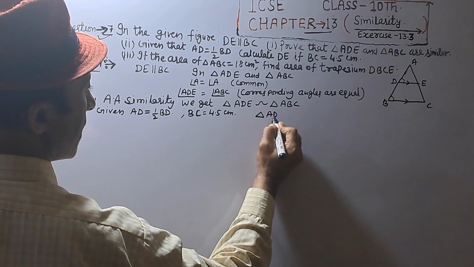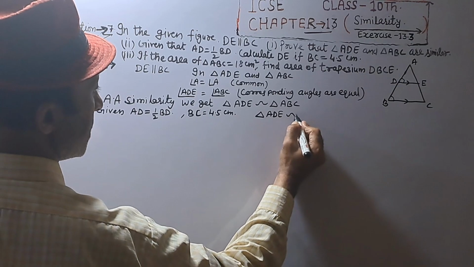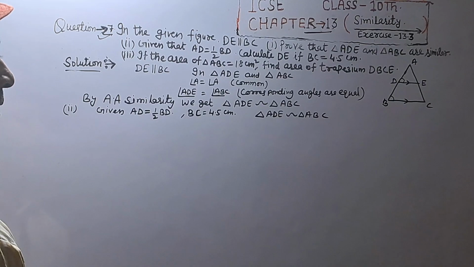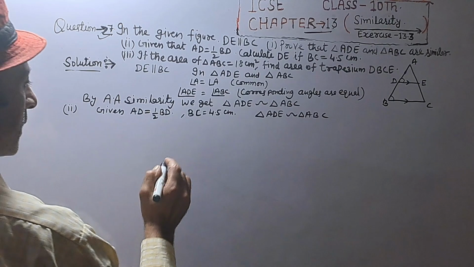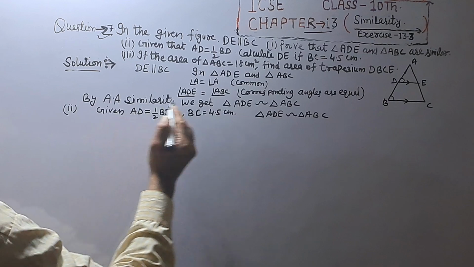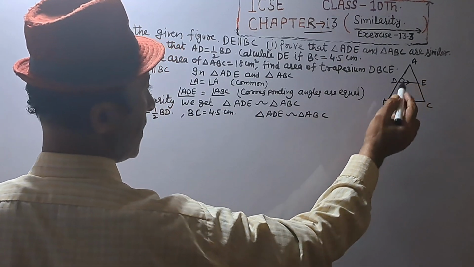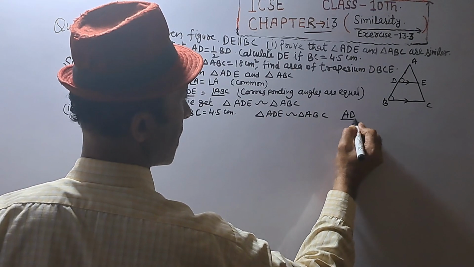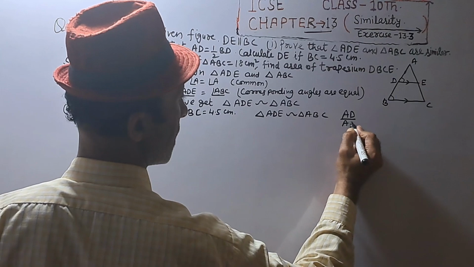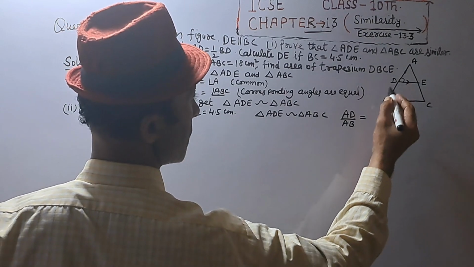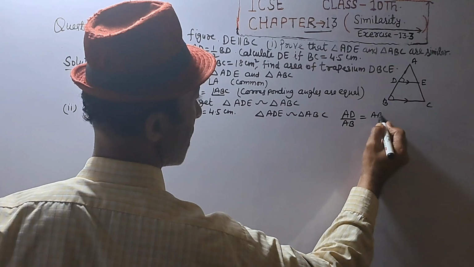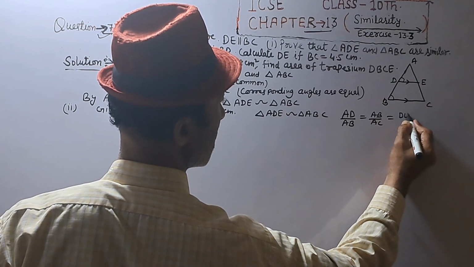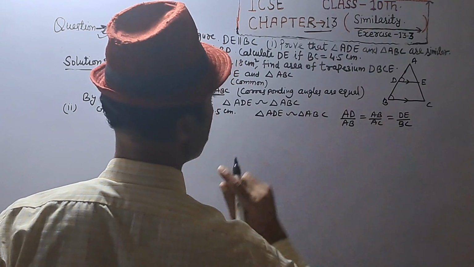Triangle ADE is similar to triangle ABC, proved above. Then AD upon AB is equal to AB upon AC, that is equal to DE upon BC.